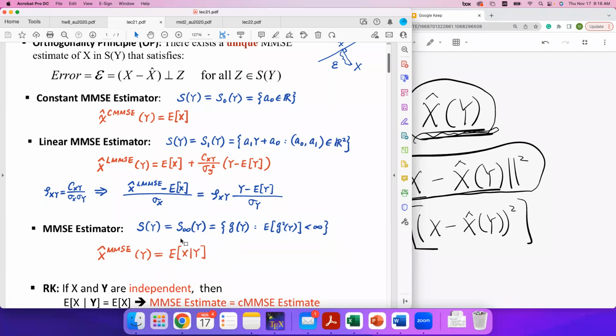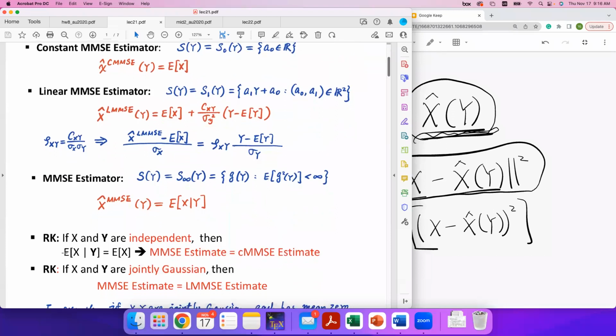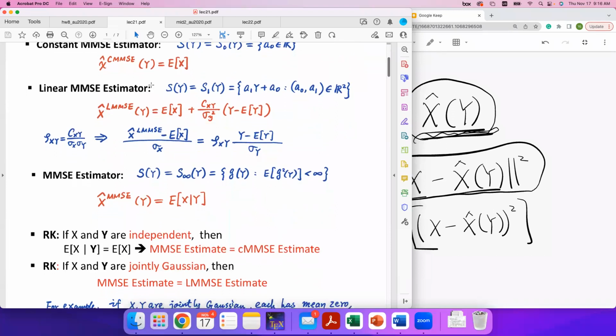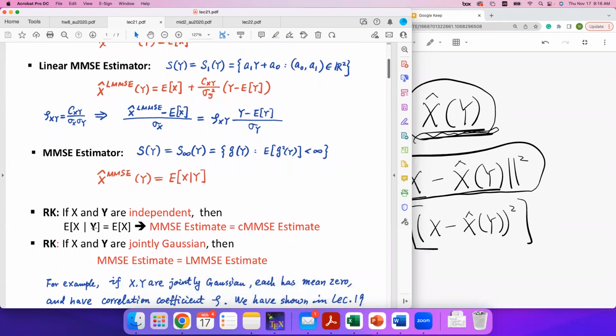When we introduced the conditional expectation, we know that this is another random variable that can be viewed as a function of the random variable y. So these are the three estimators that we introduced last time.